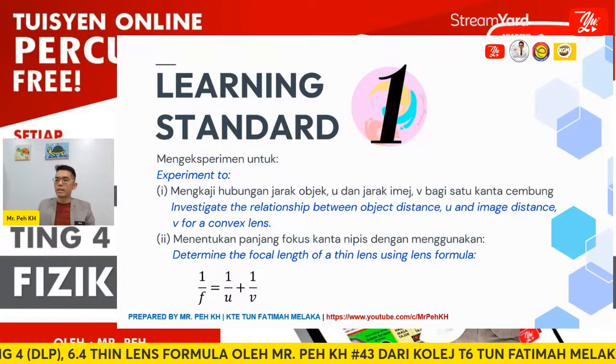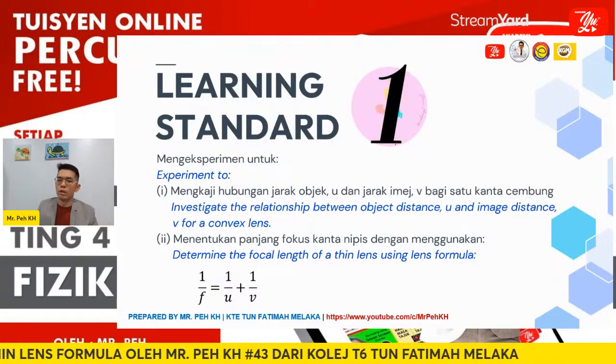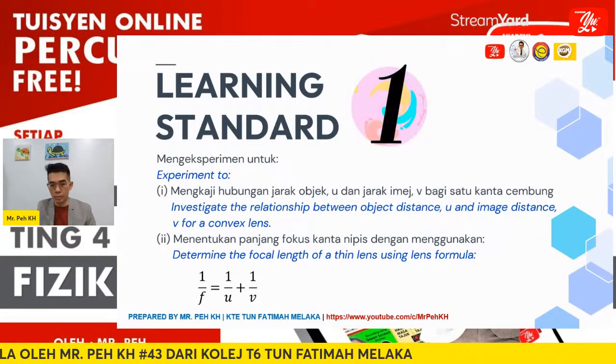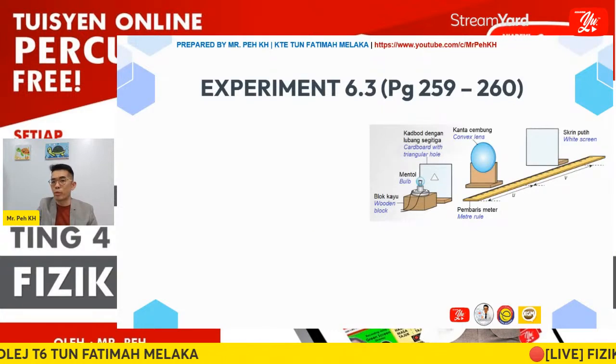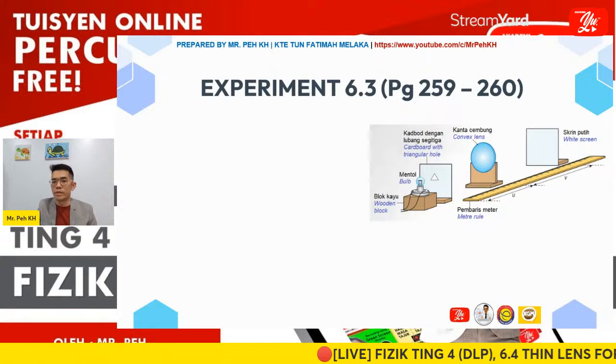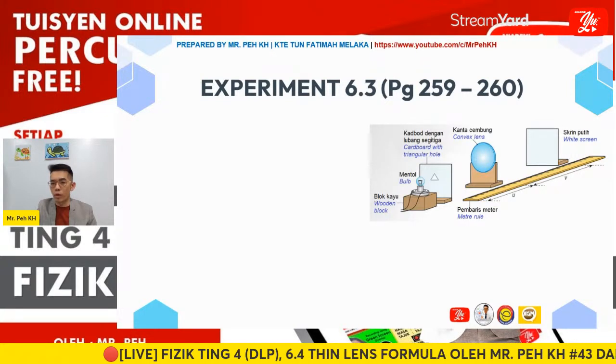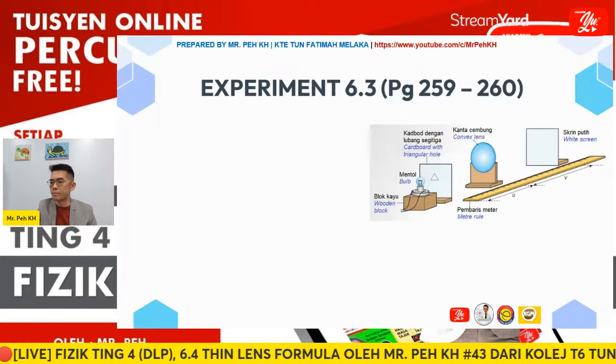So in learning standard 1, you are going to understand one experiment, which is experiment 6.3. You may find the details in your textbook at pages 259 to 260.